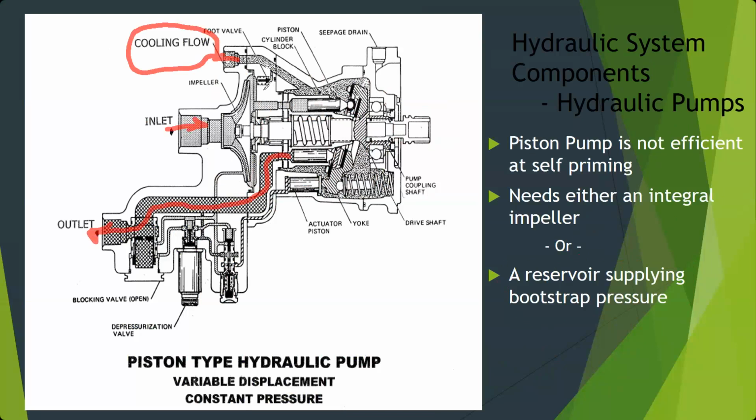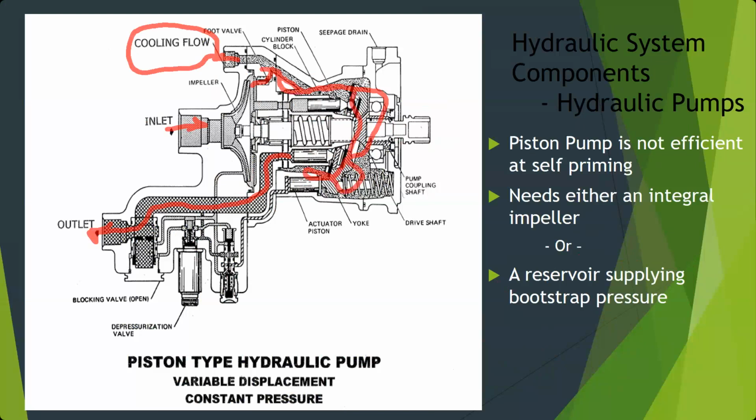What happens is a small amount of the fluid that comes in, rather than going into the pump, goes around the outside, in this area outside of the pistons. That fluid is what's going to provide lubrication for the pump. So the pump is self-lubricated using the same hydraulic fluid that it's going to pump. It's also going to carry away any heat that is generated by the pump. So it cools the pump.